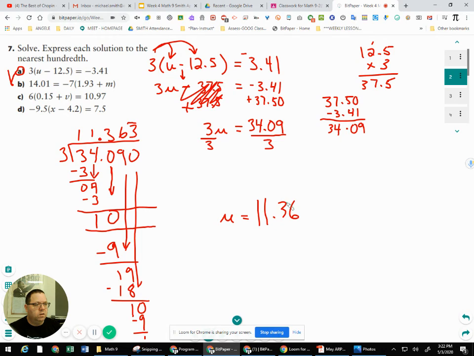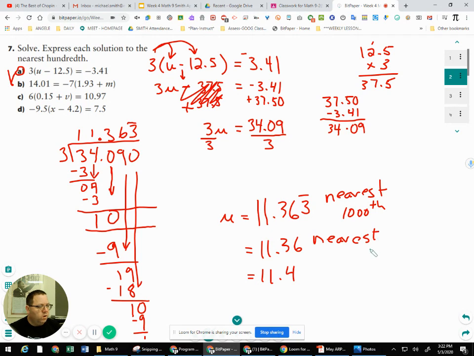Okay? So the answer is 11.363 repeated. Now, if I were rounding to the nearest thousandth, it would be 11.364; to the nearest hundredth, 11.36; and to the nearest tenth, 11.4. The nearest hundredth is what the instructions tell you to do.